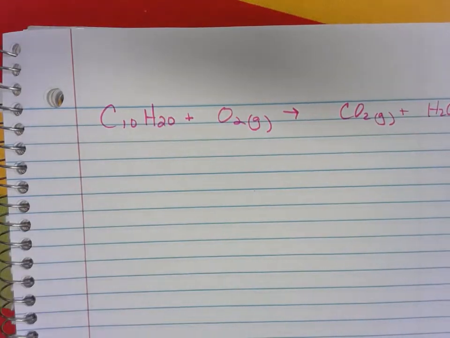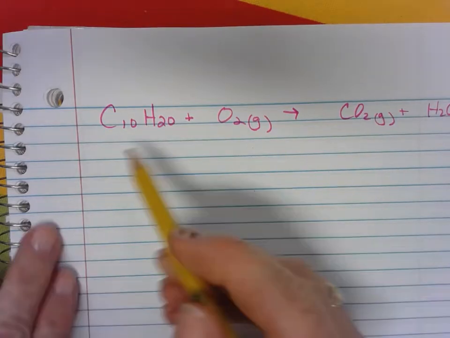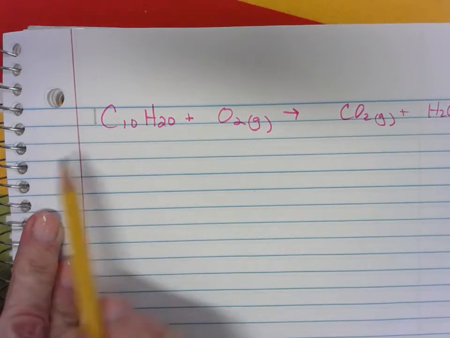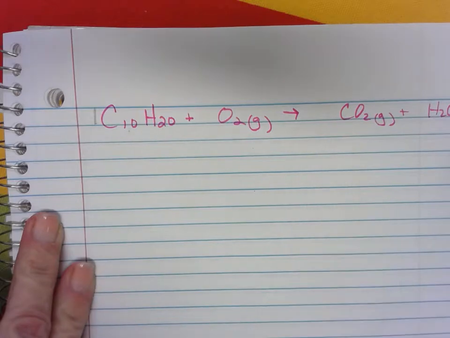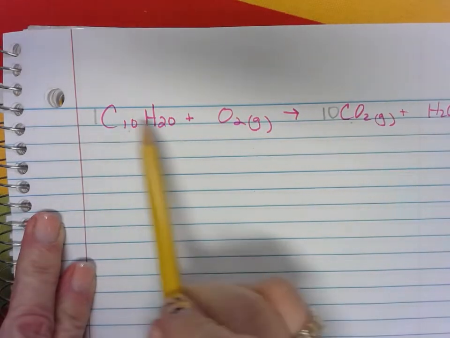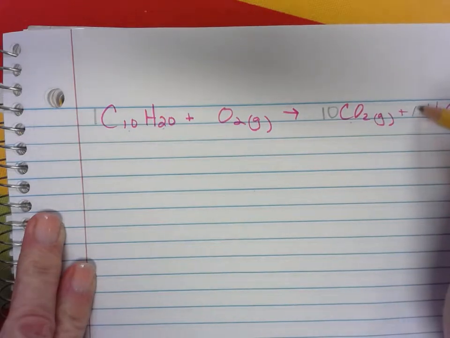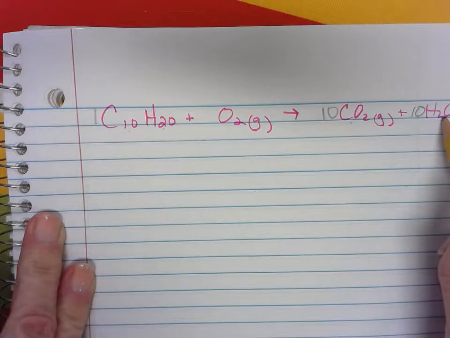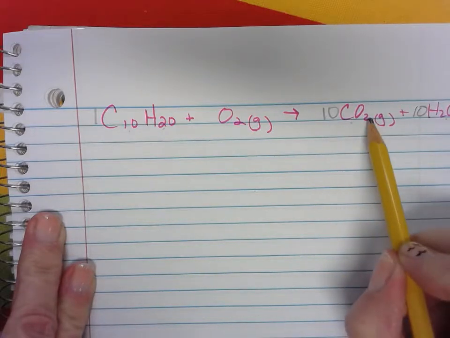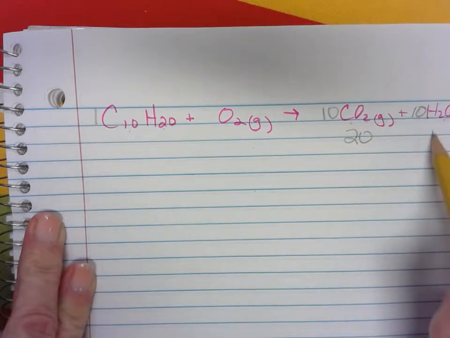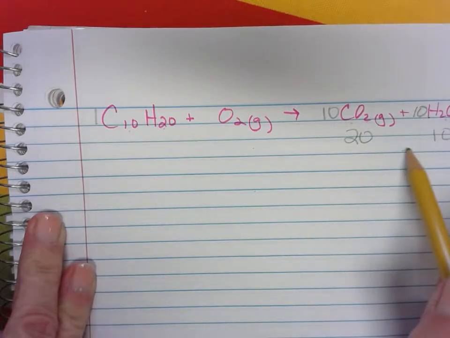So again, I'm going to use my pencil. I'm going to start with balancing my carbons. I'm going to put a 1 coefficient here. I've got 10 carbons, so I'm going to say 10 in front of that. 20 hydrogens would be a 10 in front of there. That gives me 10 times 2 is 20 oxygens here and 10 here, for a total of 30 oxygens on this side.